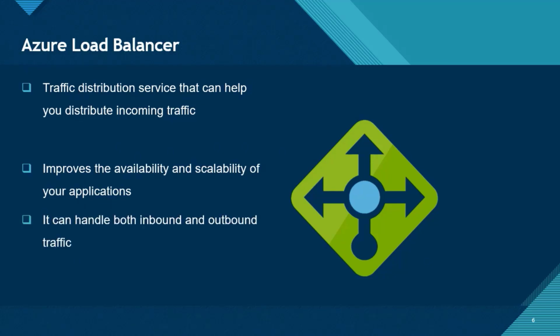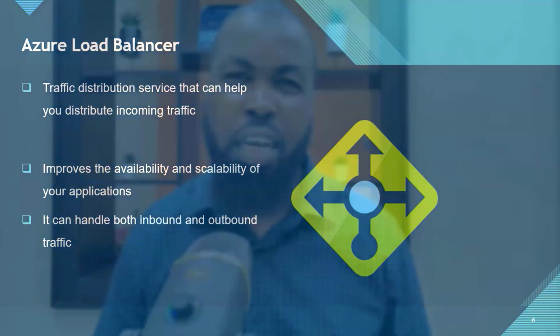It can handle both inbound and outbound traffic, and it supports various load balancing algorithms. So whether you need to balance traffic for web applications, virtual machines, or containers, the Azure Load Balancer has got you covered.